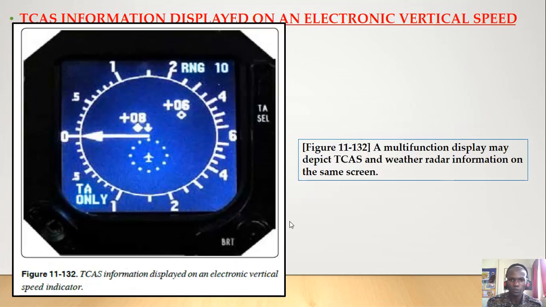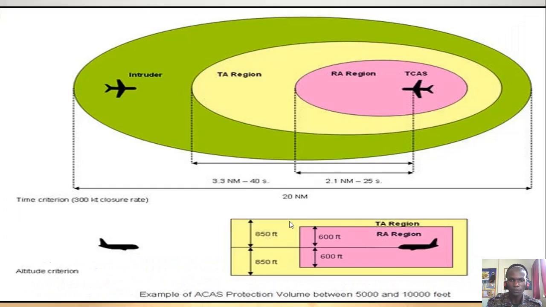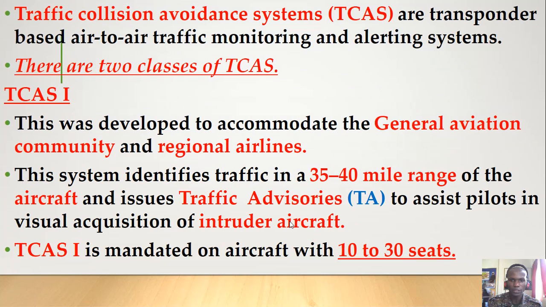I think that is briefly about TCAS. To take a brief recap, we have TCAS 1 and TCAS 2. TCAS 1 is issued when you are within 35 to 40 miles, and mostly it issues a TA, traffic advisory, and it is for aircraft with 10 to 30 seats.